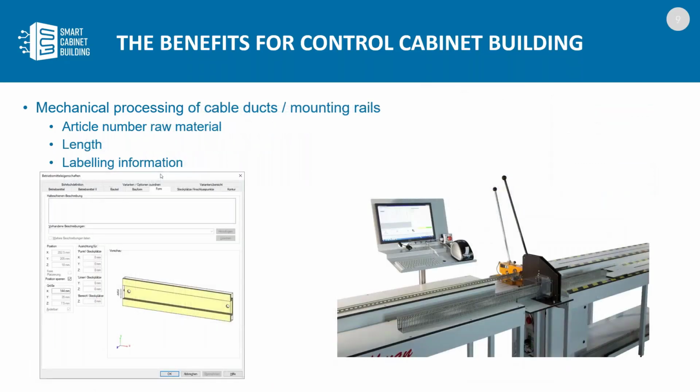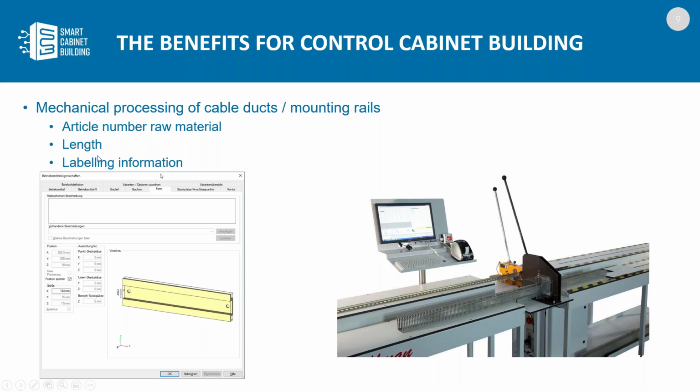The next one is such a cutting machine for cable ducts and mounting rails. In your product data, you only need an article number, and with this article number also the size and the type of the product.